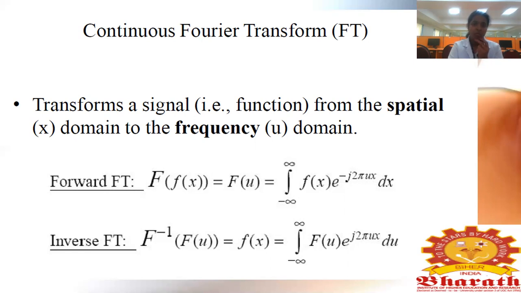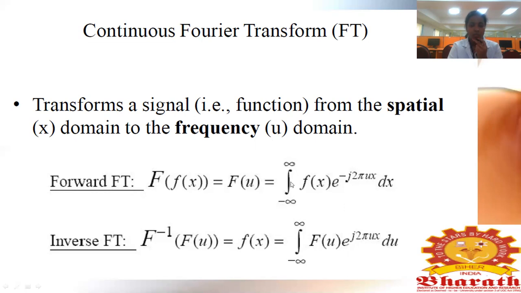Now we'll see the function used to convert from the spatial domain into the frequency domain. This is what we have seen: f(x) e^(-j2πux). Here the function is represented with respect to x, so I am going to integrate the function with respect to x.